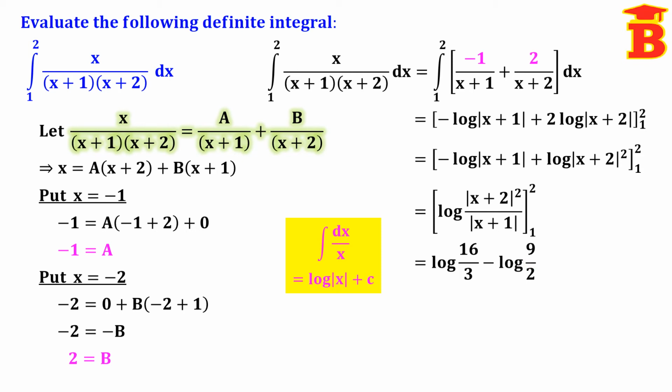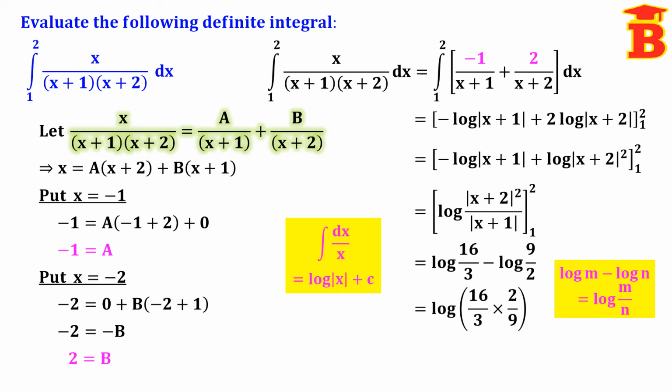Again we use log m minus log n equals log m by n. So this is equal to log 16 by 3 divided by 9 by 2. Dividing by 9 by 2 can be taken as multiplying by the reciprocal, that is 2 by 9. So the final answer is log 32 by 27.